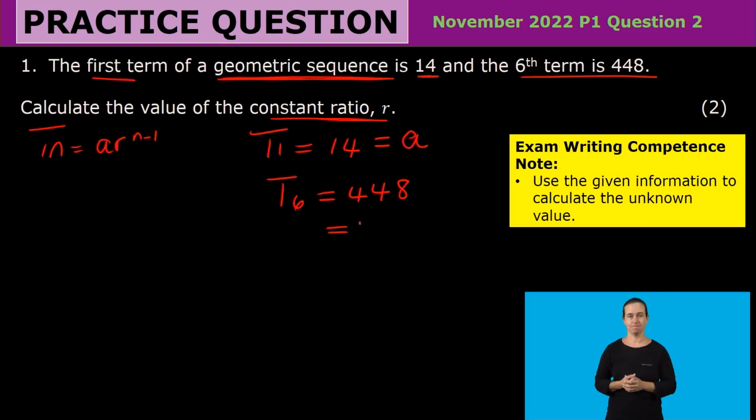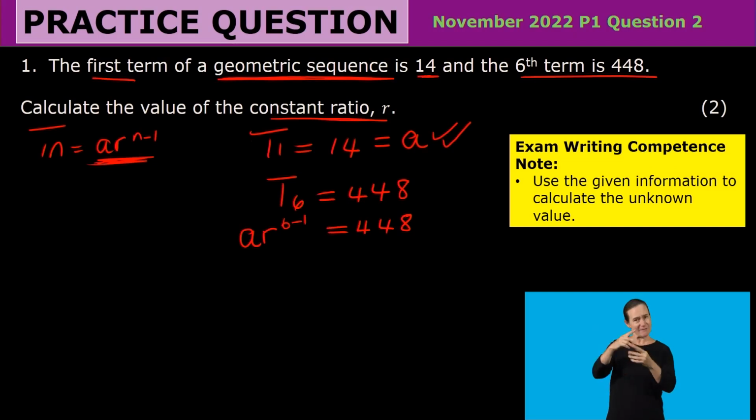So now, using that 448, we know that that is the sixth term. If I substitute it in the general term, that is going to be A multiplied by R, and of course in the place of n, we are going to have 6 minus 1. But we already have the value of A, and that is 14.